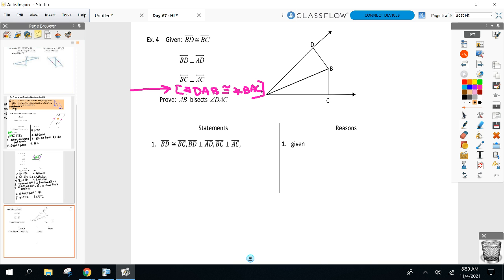Strong group. Strong group. All business, this group, huh?